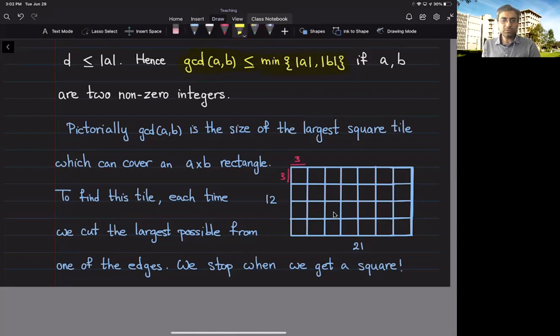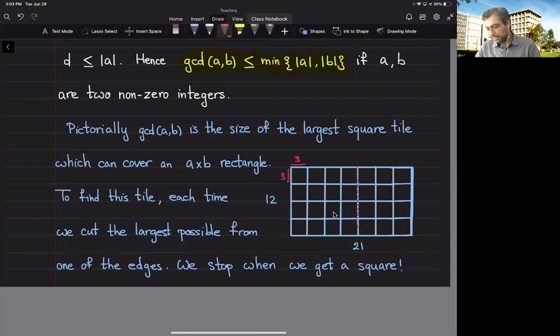So what we do, we start with this 12 by 21. We say, okay, so if I can cover it with whatever small squares, then this 12 by 12 square on the left side of this rectangle will be covered by the same thing. So the remaining part should be covered by the same tile.